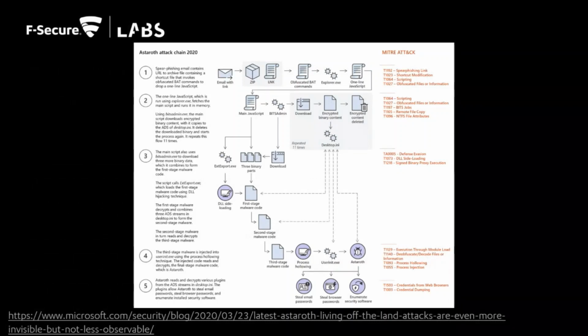So, this is a diagram of the attack chain of this campaign in 2020, taken from a blog from the Microsoft Defender ATP team. It's a really interesting read, so I really recommend going through it if you're also going to do the labs on your own later.